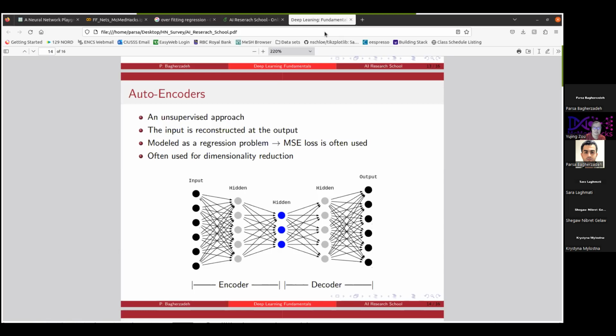We usually call this middle part, this intermediate part, the bottleneck of the autoencoder. The representation in the bottleneck is referred to by different names. Some refer to it as latent representation, some as reduced representation. But it's not always the case that it's a lower dimension. It might be in a higher dimension, but it makes sense to have it in lower dimension.